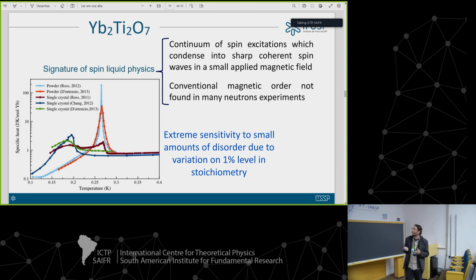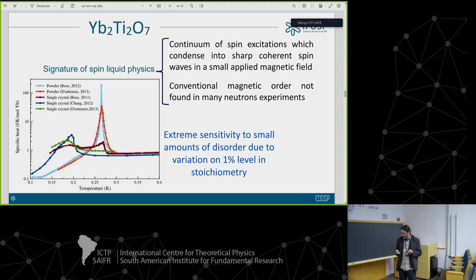There was also very extreme sensitivity to small amounts of disorder in the material. I'm showing here an example of this, specific heat data showing that a polycrystalline sample has sharper and more defined peaks associated with phase transitions than single crystals. Later on, people started to understand how to grow single crystals properly of this material.